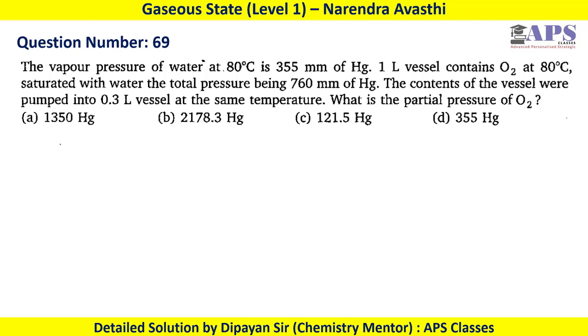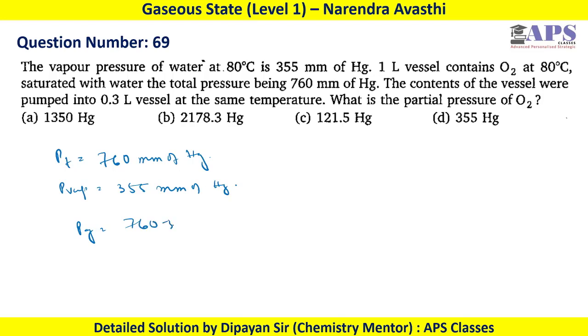So in question number 69, it is given that total pressure is 760 mm of Hg, and vapor pressure is given as 355 mm of Hg. Okay, so the pressure of the gas will be 760 minus 355, that is 405 mm of Hg.